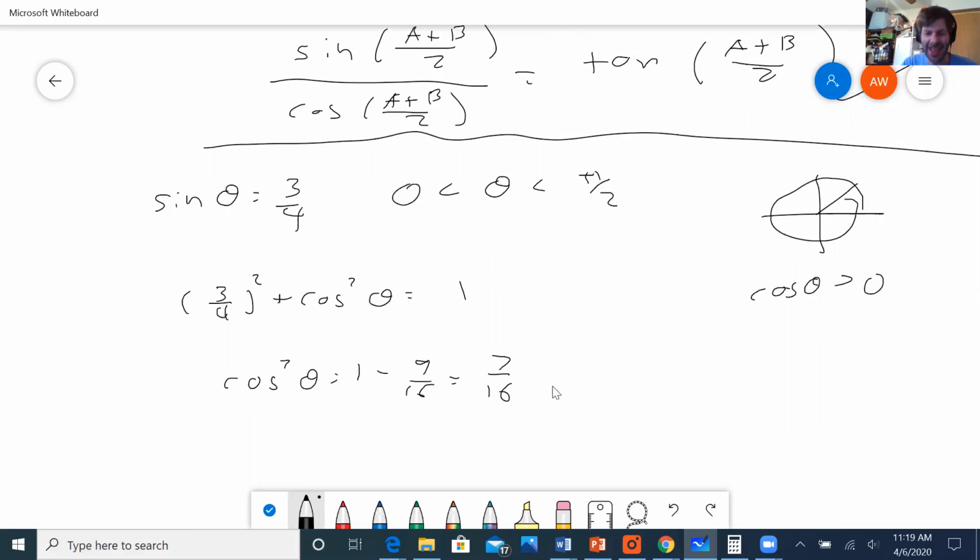Right? 7 plus 9 is 16? Yeah, 7 plus 9 is 16. So that tells me that the cosine of theta is √7/4. Well, I guess technically it's plus or minus, but I will take the plus because of my quadrant.